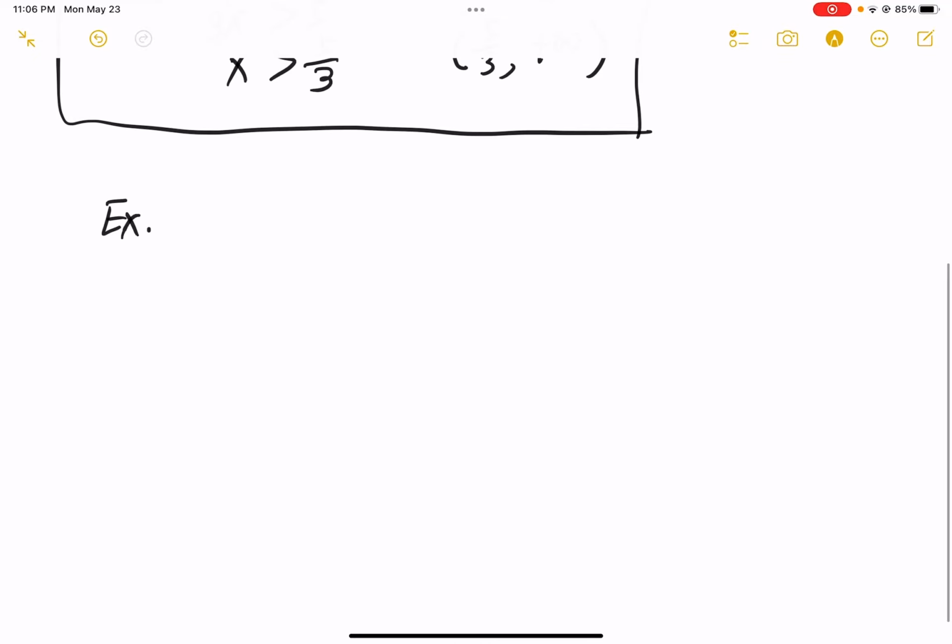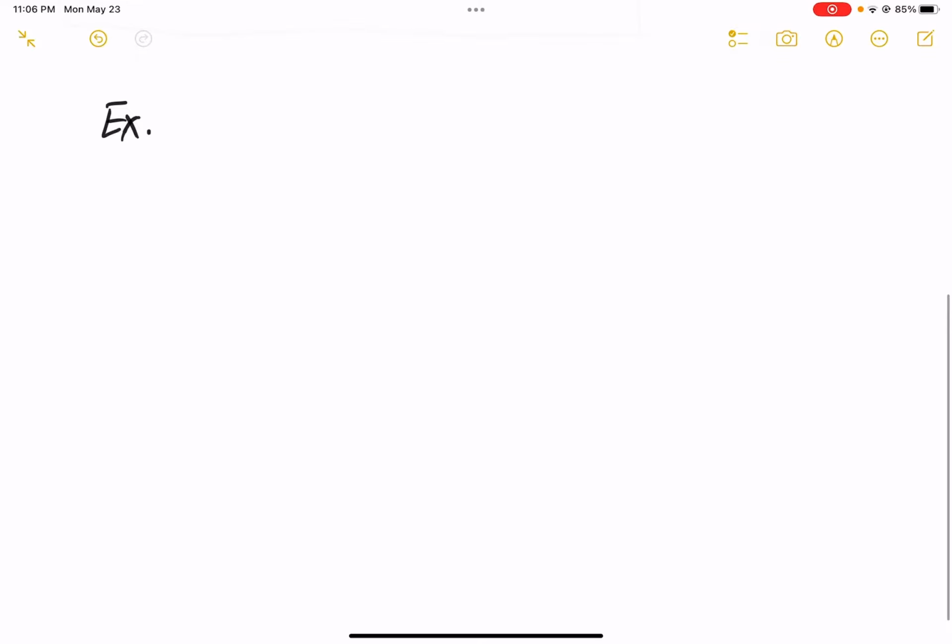Let's look at this example: x squared minus 2x minus 3 is less than 0. Step 1 is we need to factorize.